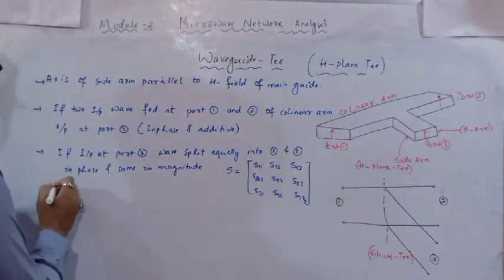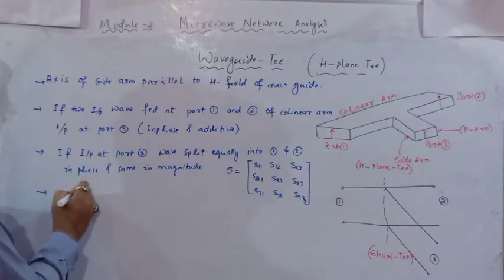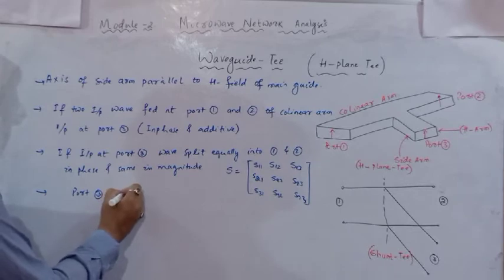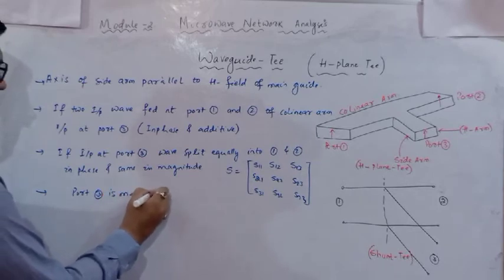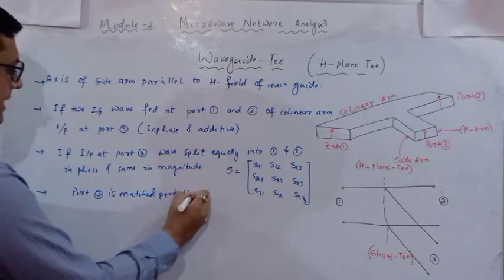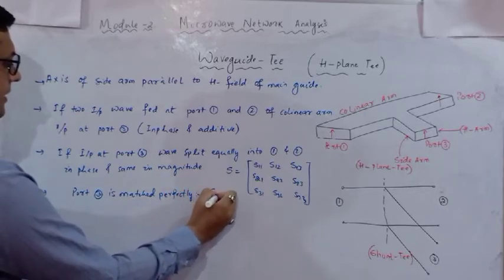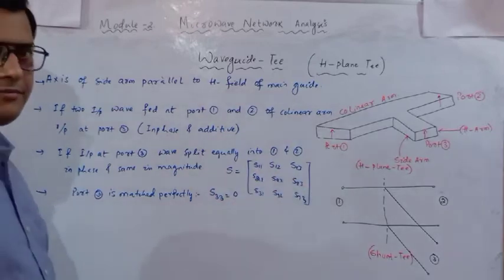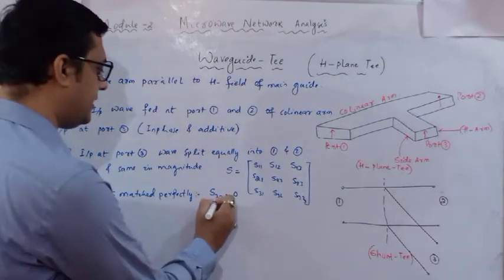So the first consideration is that port 3 is matched perfectly. If it is matched perfectly, that means the reflection coefficient of this scattering matrix for the third port, S33, is 0.